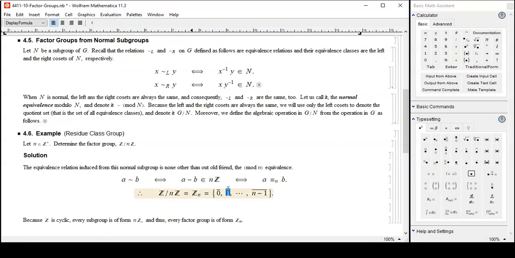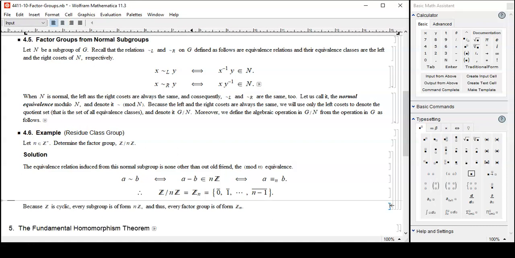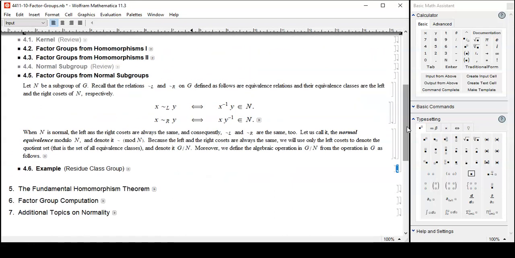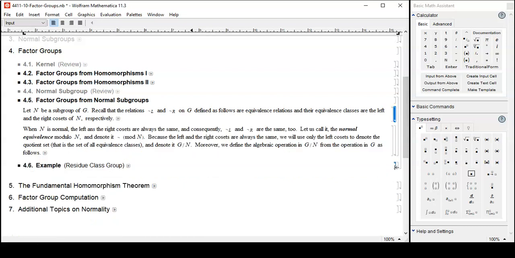What do we mean by k bar in this case? k bar, according to this, is k plus nZ. It's a coset. As for non-abelian examples, we're going to consider some further examples down here, but let's do easier problems first and then go to the others.